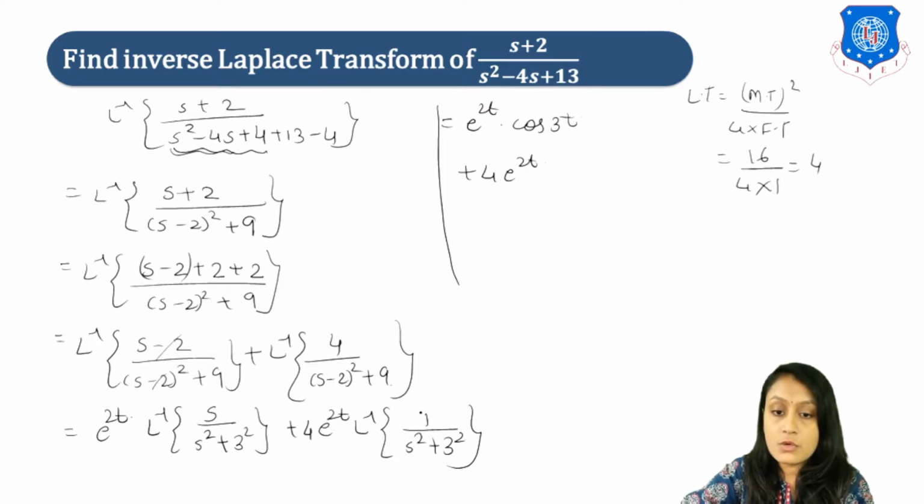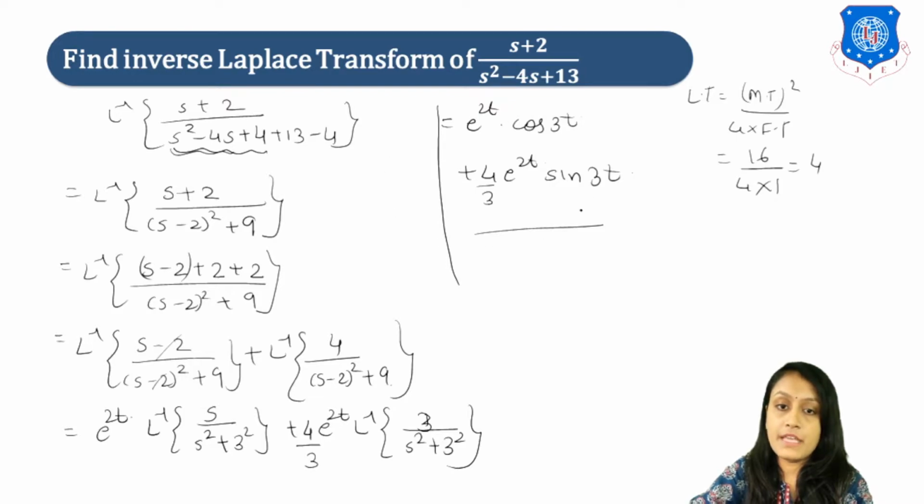Now a is 3, so what we will do, we will multiply and divide it by 3, right? So answer of this Laplace inverse, 3 upon s square plus 3 square, it is what here, 4 upon 3, this is sin 3t. Okay, so final answer of Laplace inverse of s plus 2 upon s square minus 4s plus 13 is what, e raised to 2t cos 3t plus 4 upon 3 e raised to 2t sin 3t.